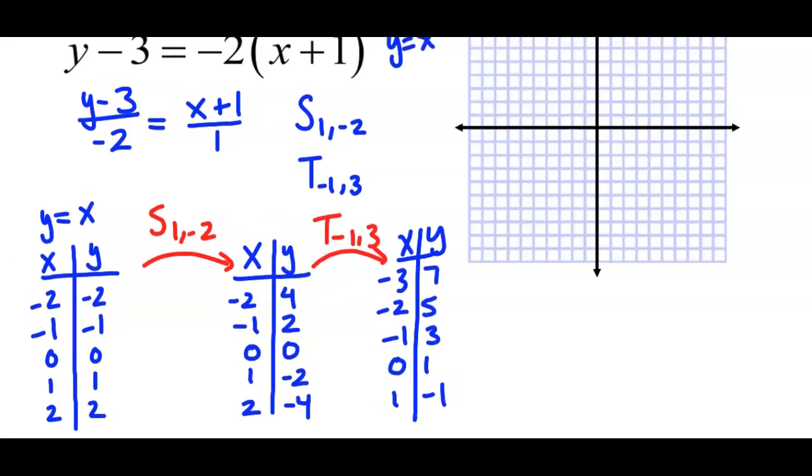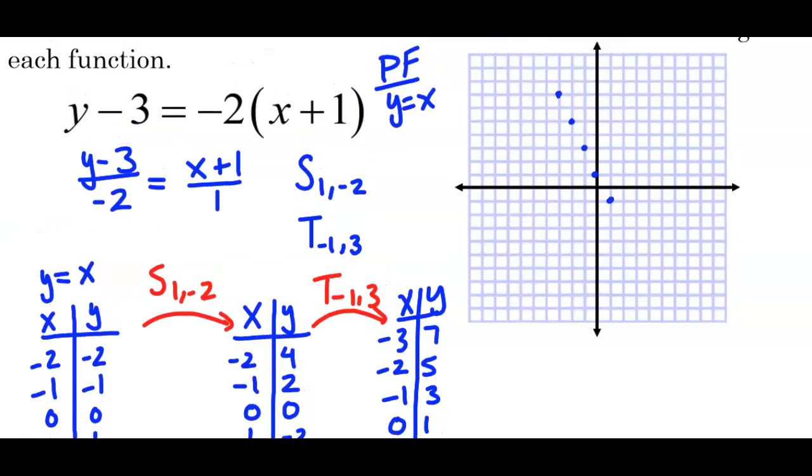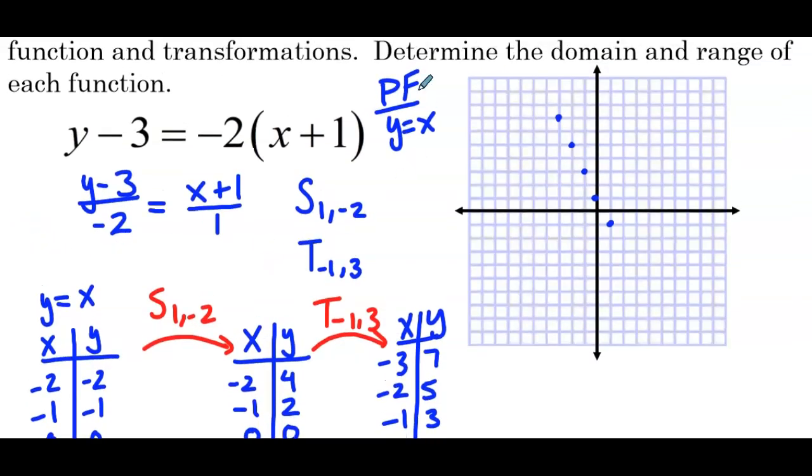Okay, so plotting those points, negative 3, 7, negative 2, 5, negative 1, 3, 0, 1, 1, negative 1. So there we have the points that have been scaled, then translated.